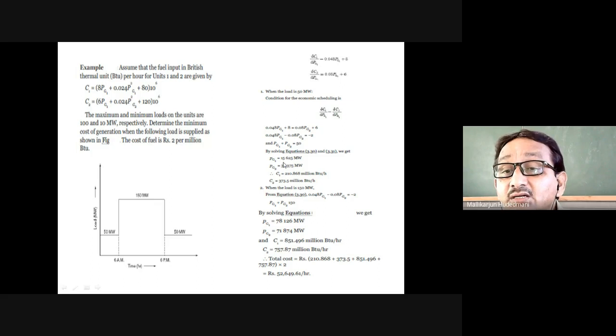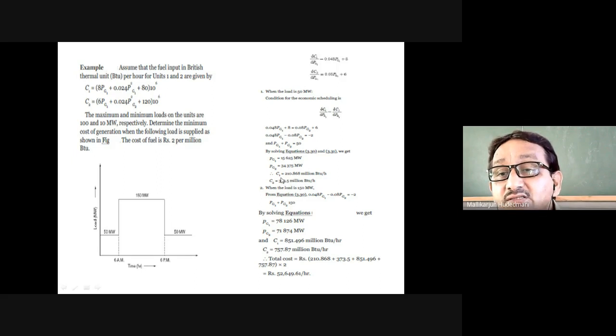Then to generate 15.625 megawatt and 34.375 megawatt respectively, cost of production on this plant, I should locate these values in respect to PG1 and PG2, get the BTU and cost of the fuel 2 rupees per million BTU. I should multiply, get the rupees in total per hour. So how to do it?